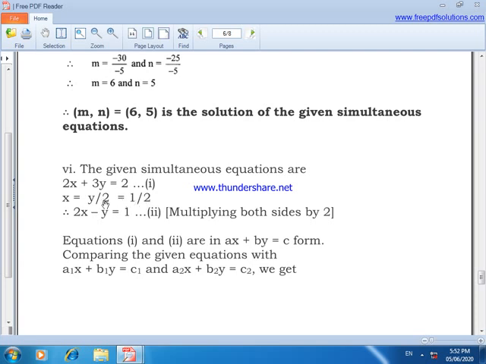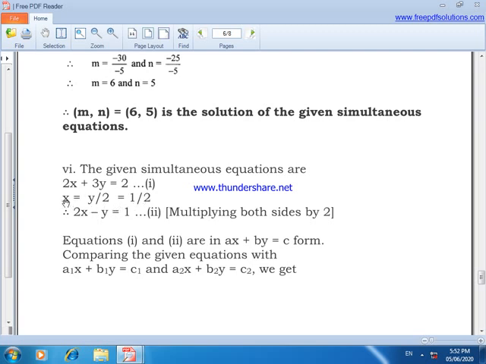So here the denominator is 2 in both. To cancel this denominator 2, we multiply the given equation by 2, so that the denominator 2 gets cancelled. So multiply all the terms of the given equation by 2.